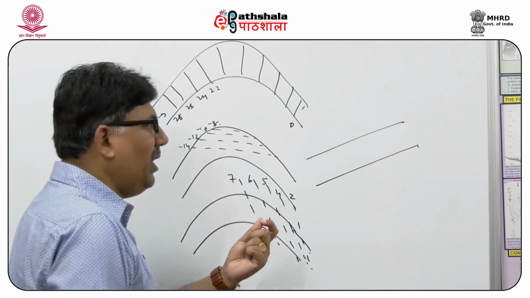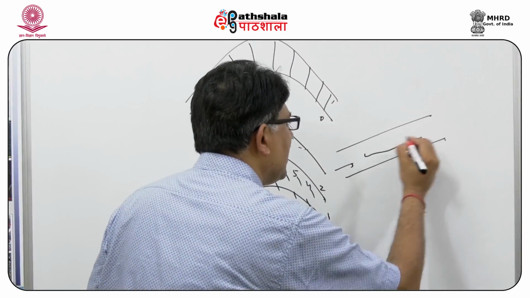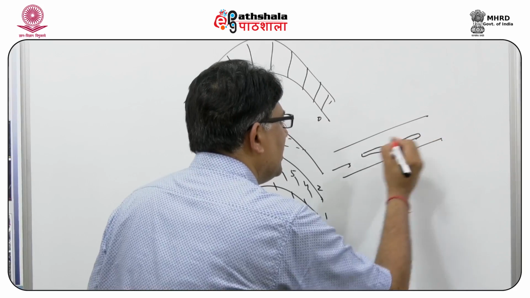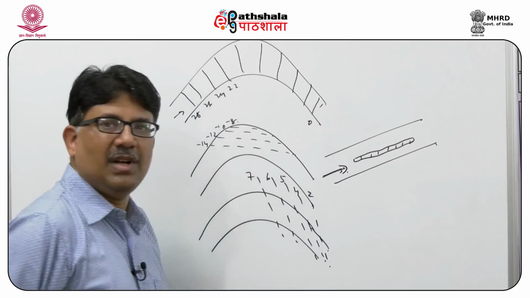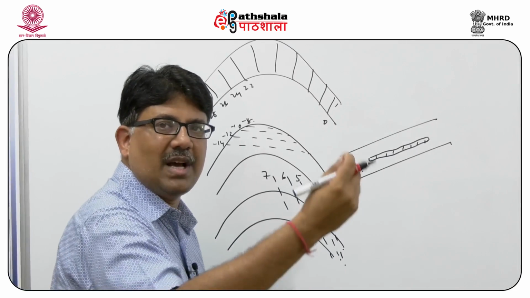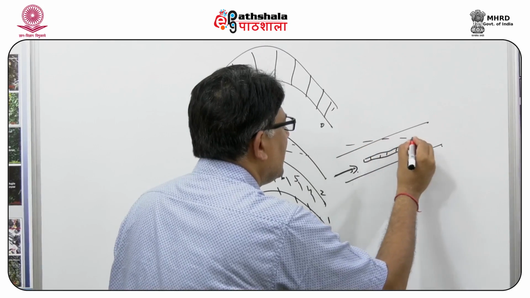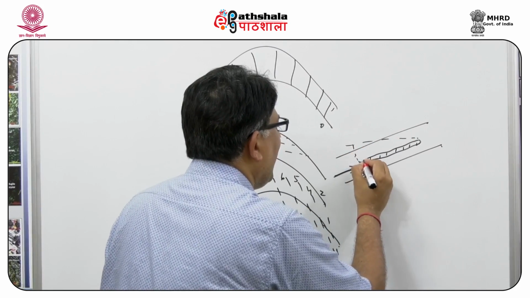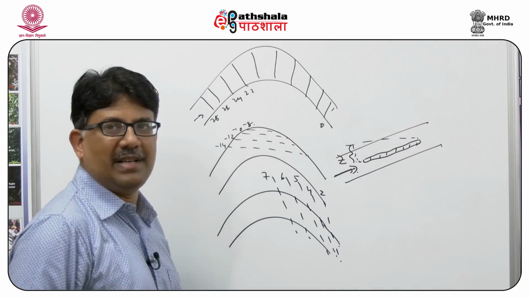The oil globule, because of the movement of water, will be changing in the form of a stringer. This is the oil and there is a water movement. So the oil will become a stringer, and what is the height of the water oil column? This becomes the height of the oil column, that is Z.